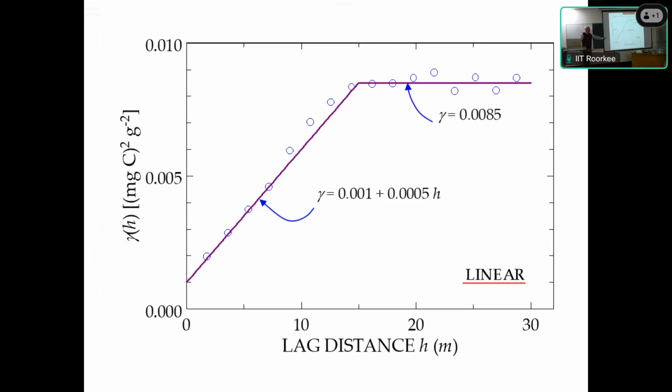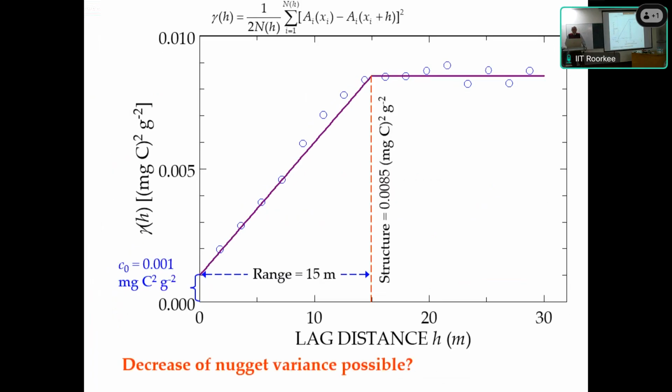So here we have this nugget variance, and we were wondering, is it possible to decrease that nugget variance? We can use the semi-variogram to get the answer for it.